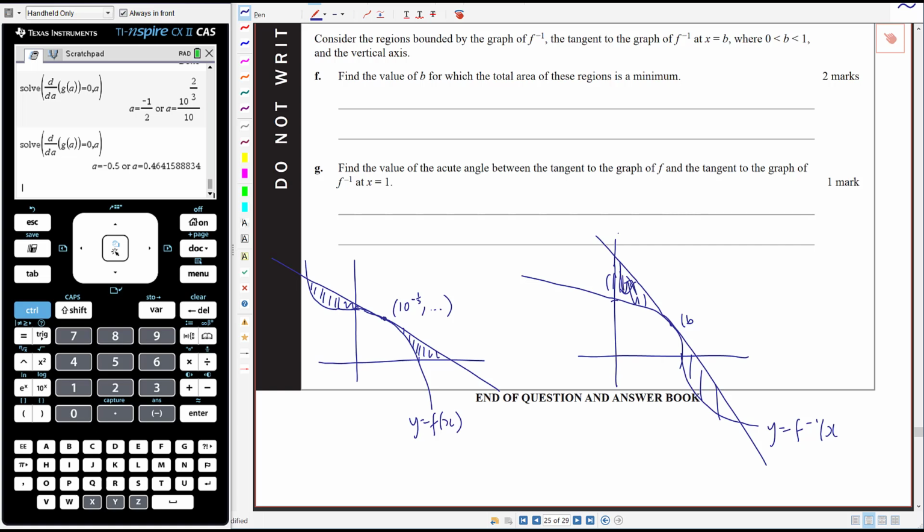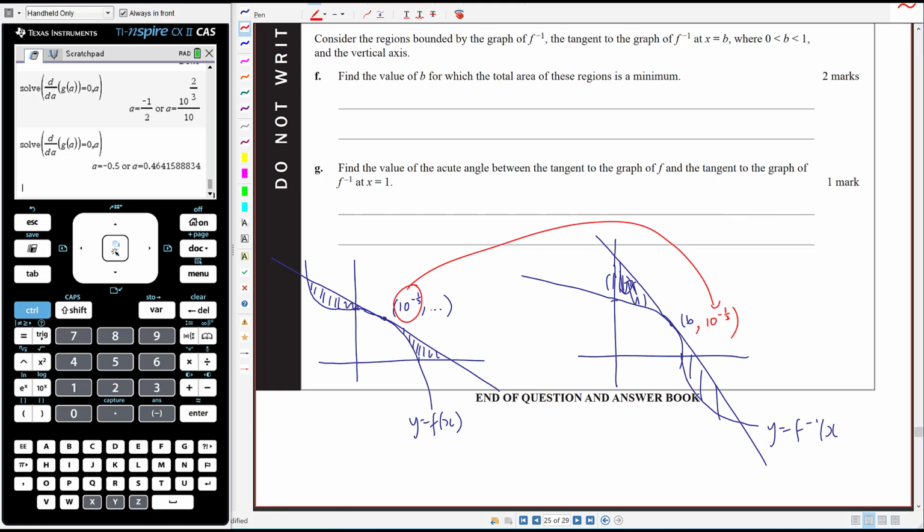So what we want to understand is that this is exactly the same, and we know that we get minimum area when the x value is negative 10 to the negative a third, which means that that will happen on the inverse function when the y value is 10 to the negative 1/3.